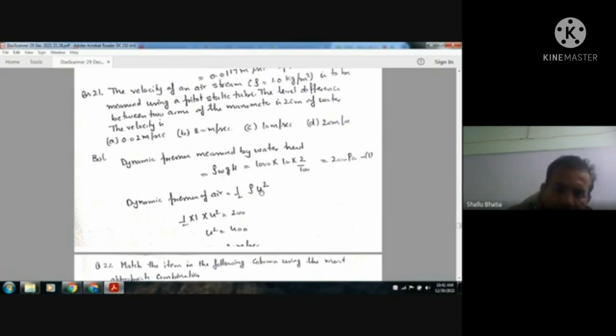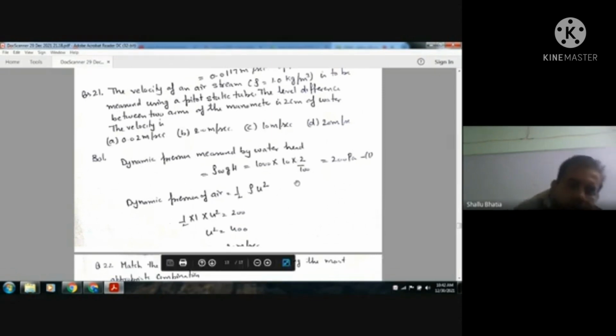Okay, so here it will be 1000, and H is 2 centimeters. Okay, so we can use, because pitot static will be used, we can take directly 2 as H. Okay, so the answer will be 20 meter per second. So the answer is D.